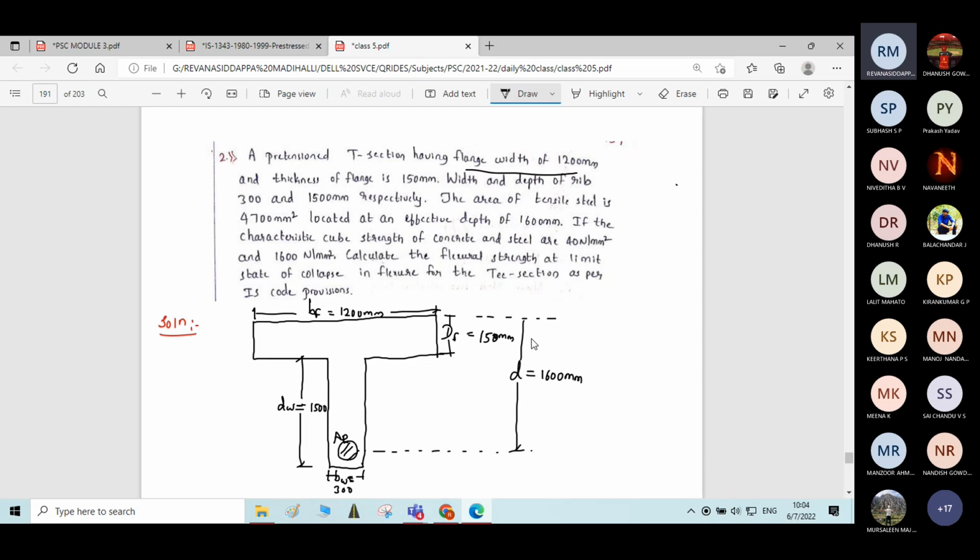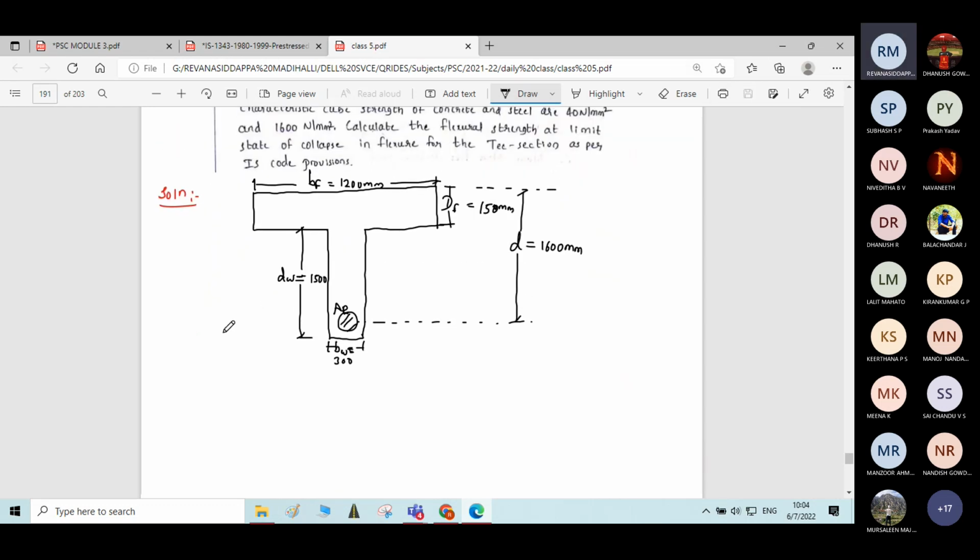If the characteristic cube strength of the concrete and steel is 40 and 1600 Newton per mm square, calculate the flexure strength at limit state of collapse in flexure for the T section as per the IS code provisions.